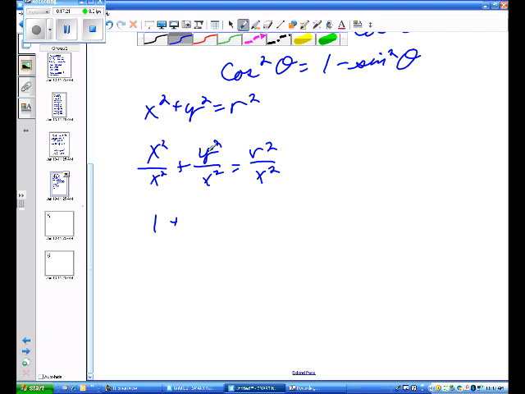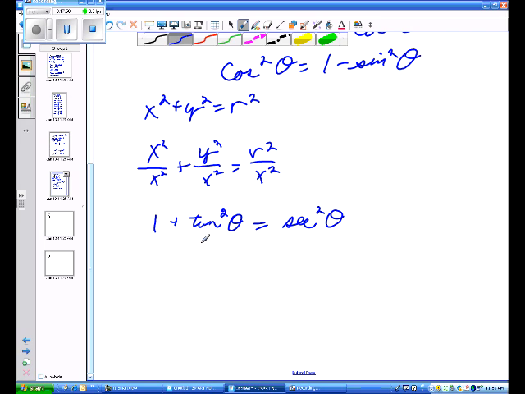We know y over x is tangent, so this would be tangent squared. And r over x is secant, so it would be secant squared theta. So here is another Pythagorean identity based upon the tangent and the secant. Now notice that the tangent has to be squared and the secant has to be squared.